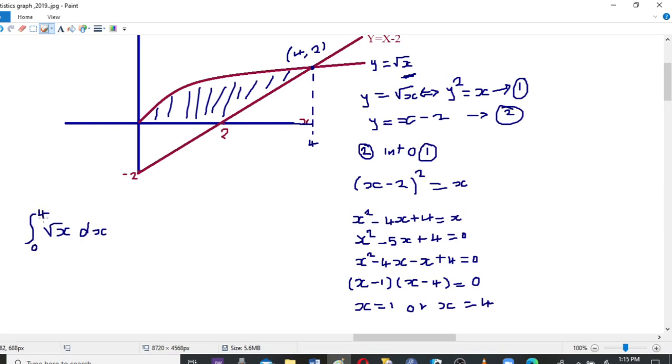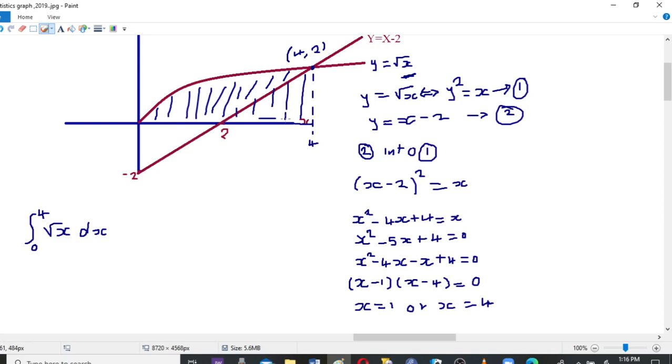The area that we find by integrating the curve y is equal to the square root of x is the whole area under this curve, including this part here.